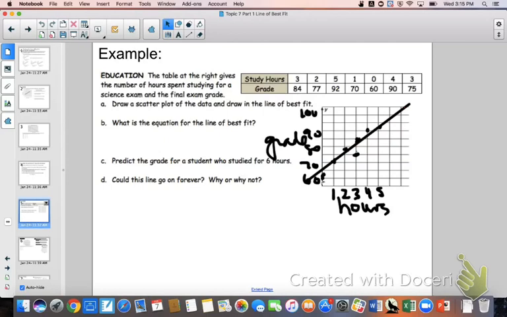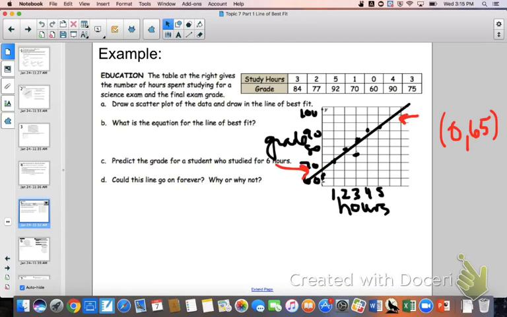So with this line right here, you need to pick 2 points that are on the line. As I'm looking at my line, it really looks like that's a point right there. So 0, 65 looks to be a point. And then the next point, I think that comes close. I'm going to do this one because that looks like it's halfway through.